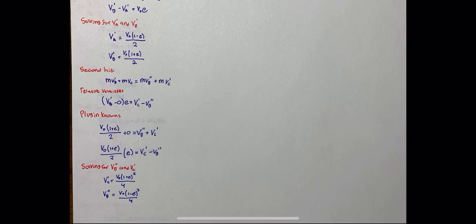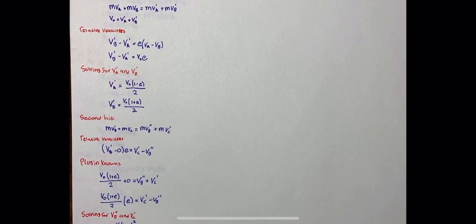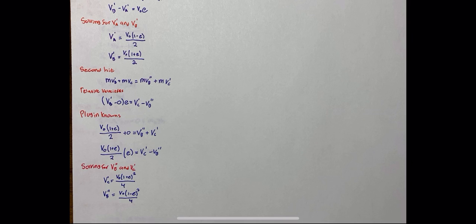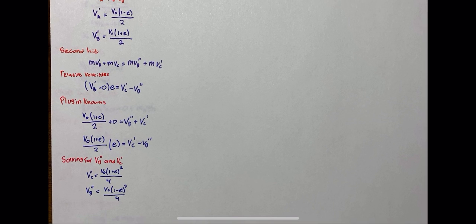And we'll plug in our knowns to those two equations, which would just be VB prime at this point. And we'll get these two equations. And then using those two equations, we can solve for VB double prime and VC, which are shown there.